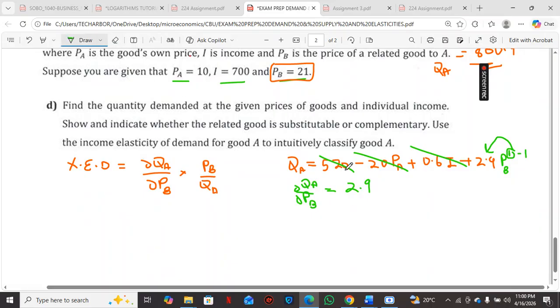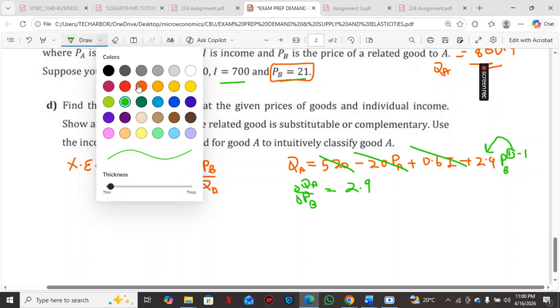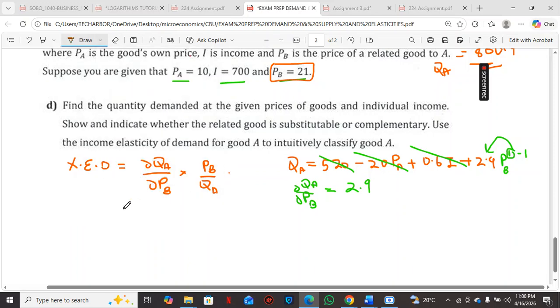Okay, so the cross price elasticity of demand is going to be 2.9 multiplied by the price of good B, 21, over quantity demanded, 800.9.